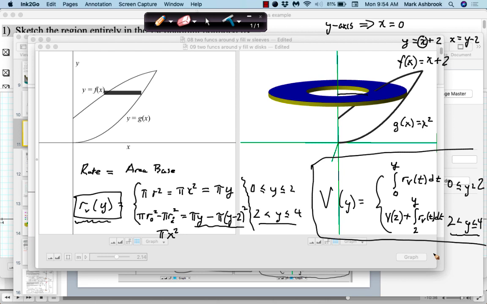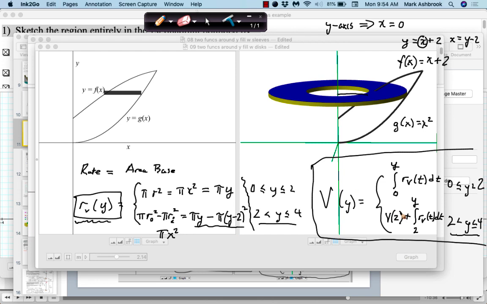Yes, please. Does the accumulation function have to be piecewise since the rate function is already a piecewise function? Yes, because we need to use this part of the rate from 0 to 2 and this rate. Let me think about that.